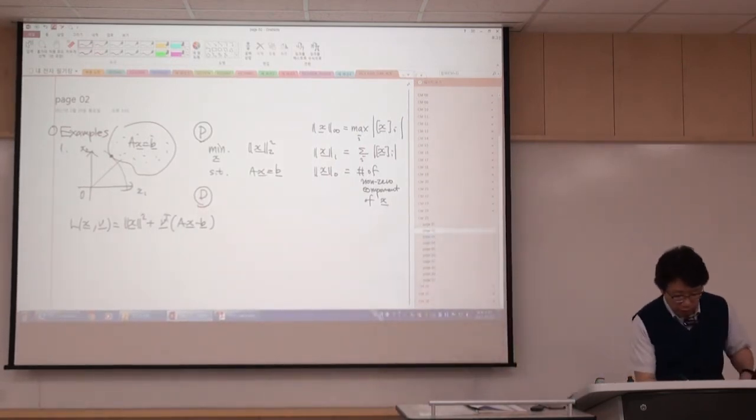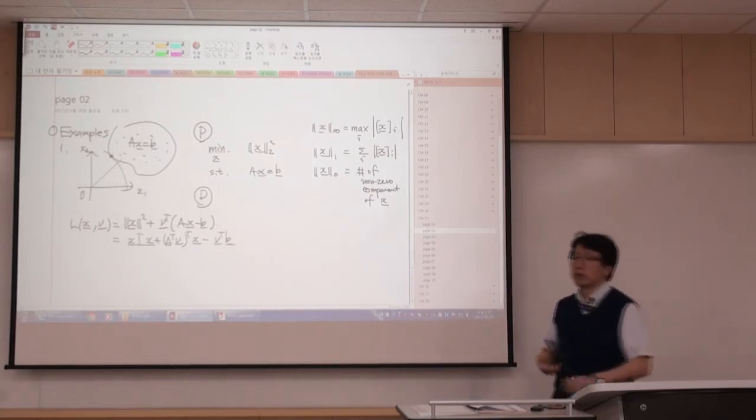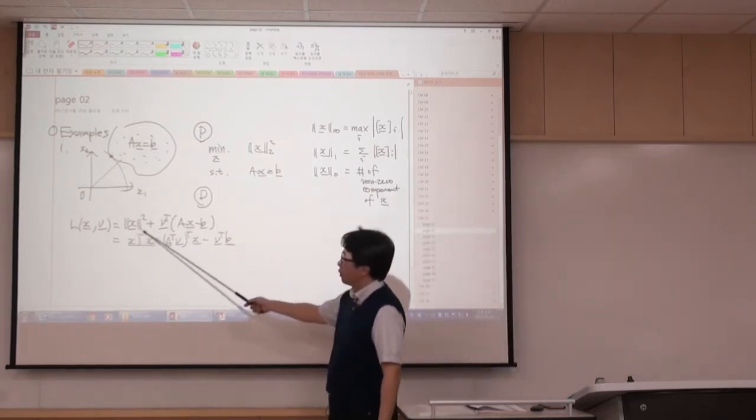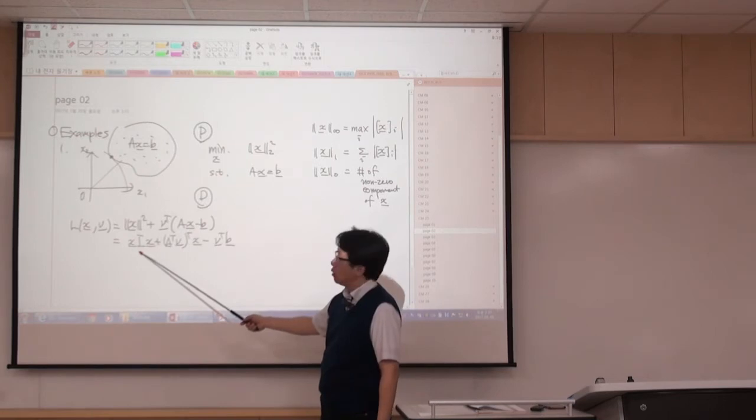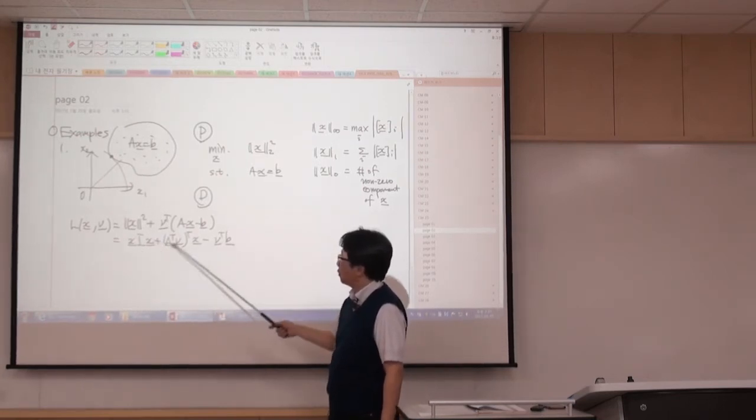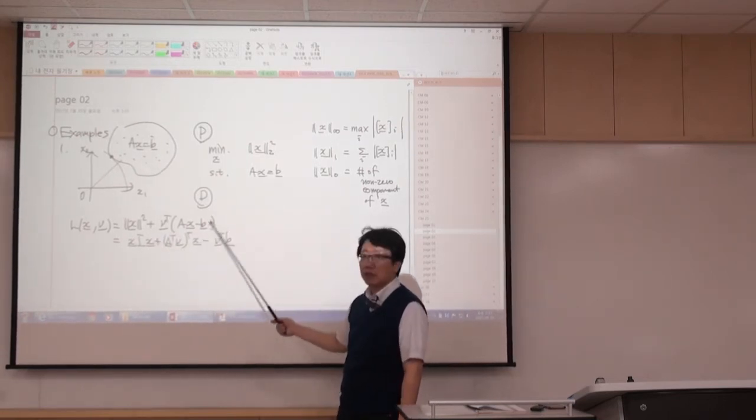We know that this is a quadratic function. So this is the identity matrix. This is the second order term, this is the first order term, and this is a constant.